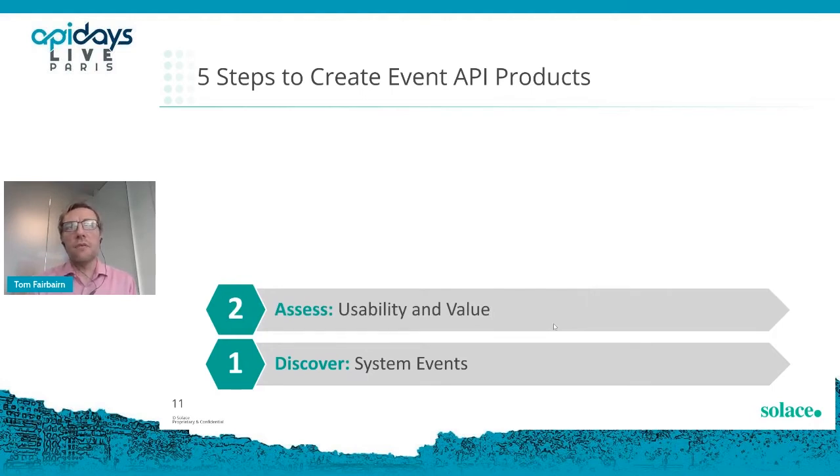Once we've done that, we can bring them into a unified view of those events and start assessing them. We can look at our user authenticated event and say, that's application specific, we're not going to worry too much about that. Perhaps with our order generated event, we're starting to see that it has more value.